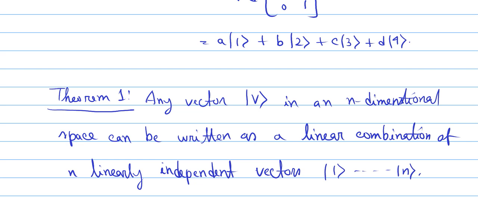Any vector of our vector space can be represented as a linear combination of n linearly independent vectors.